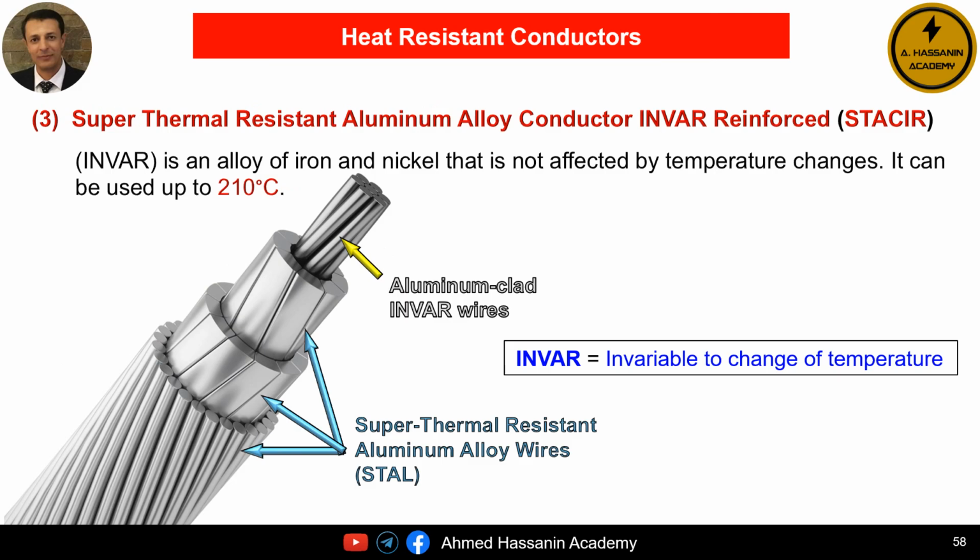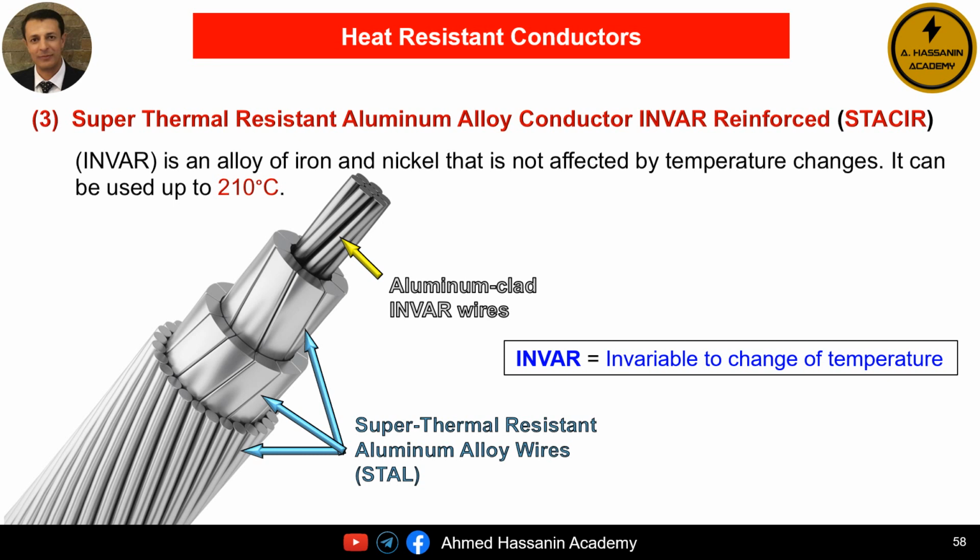The most important advantage of these conductors is that they can withstand temperatures up to 210 degrees Celsius without losing their properties. The most well-known type of this category is the super thermal resistant aluminum alloy conductor INVAR reinforced, STACIR.